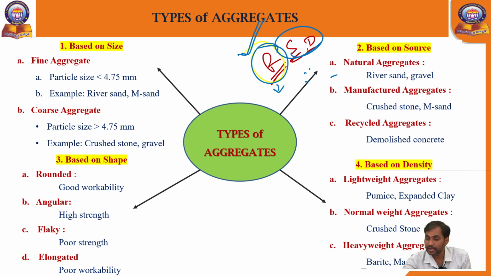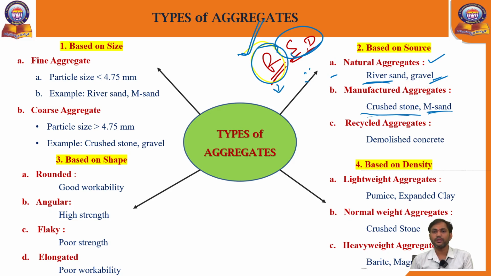See, natural aggregates means aggregates available in natural areas, nothing but rivers, river sands, and gravels. Next, aggregates made in manufacturing places, factories. Examples are crushed stone or manufactured sand.